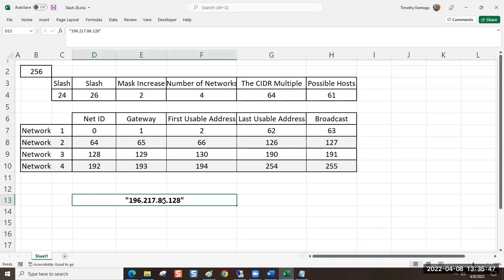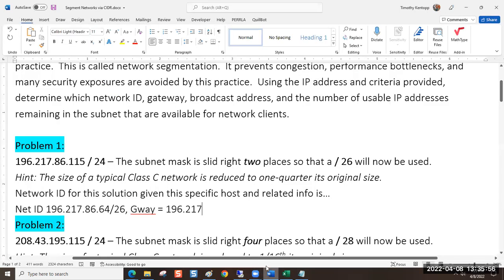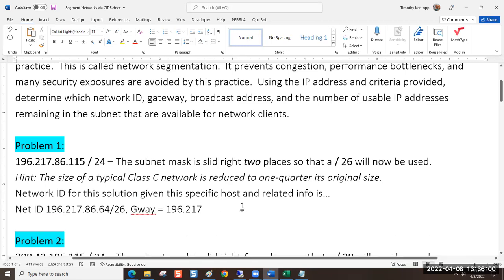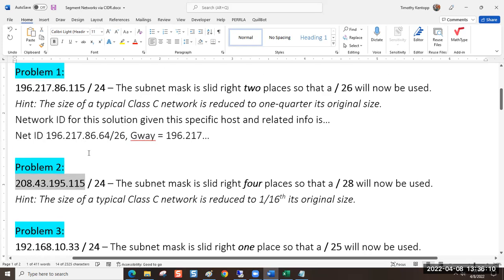All right, so let's take the next example. I just want to take the next example on the worksheet. Of course, you would fill out the rest of this stuff here. Problem number 2. I have a 208.43.195.115 network.